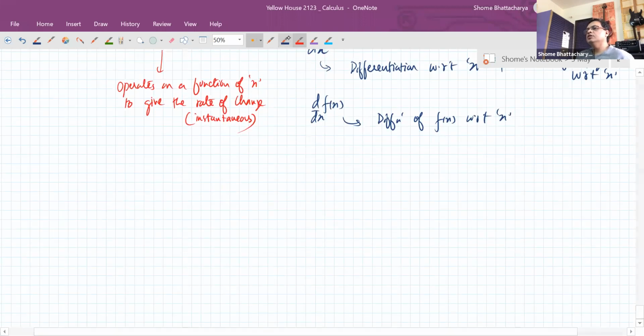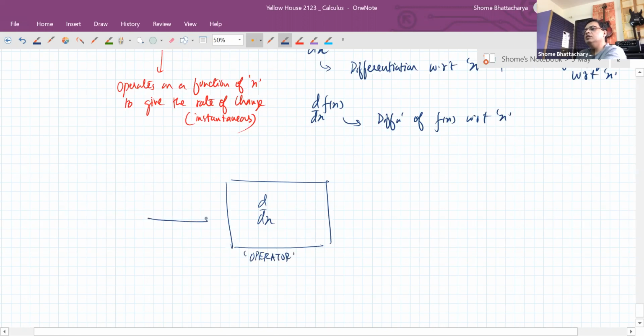So we can think of this differential operator like a box which operates on a function.